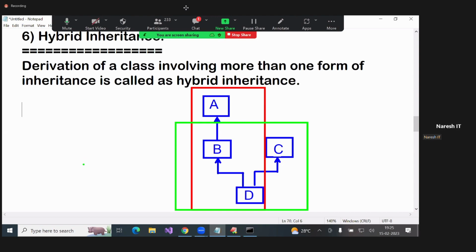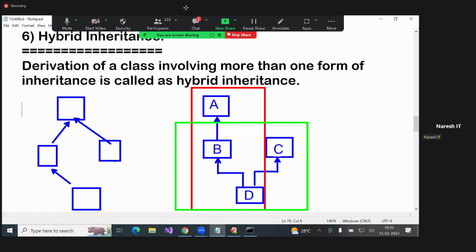But just now you have seen one more example, multipath. See, multipath you studied like this. Now here if I take only these three, which type? Multi-level.